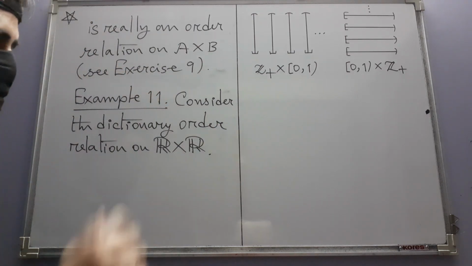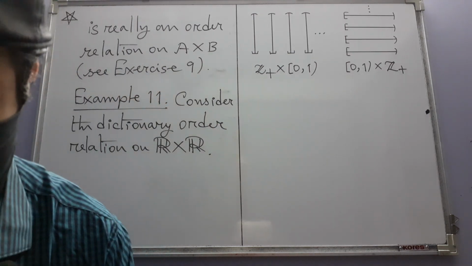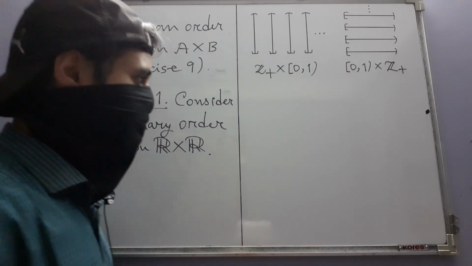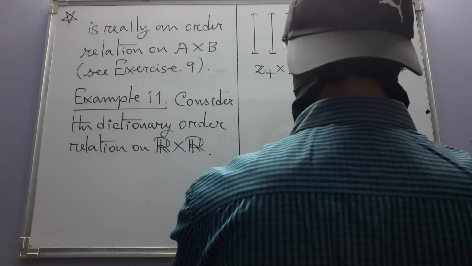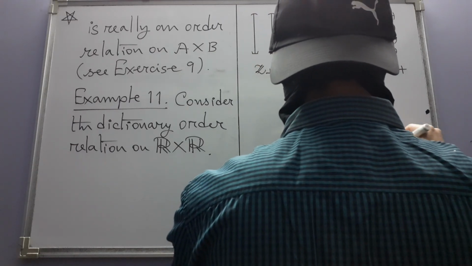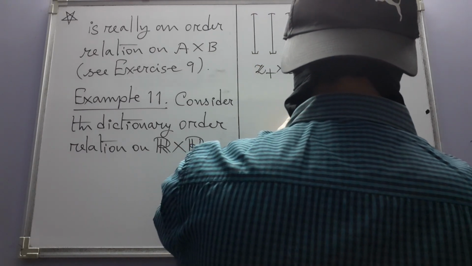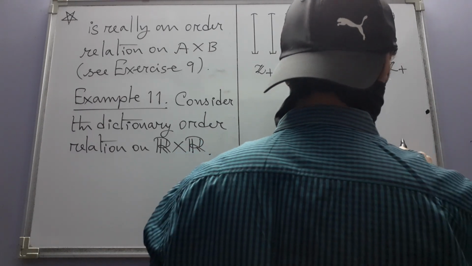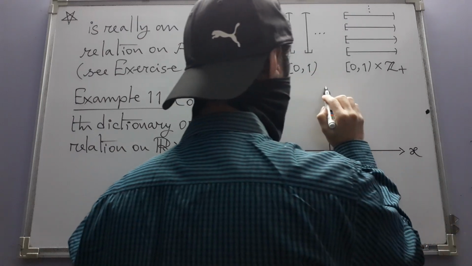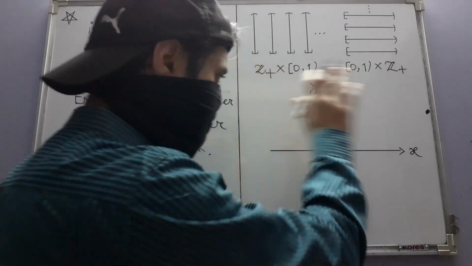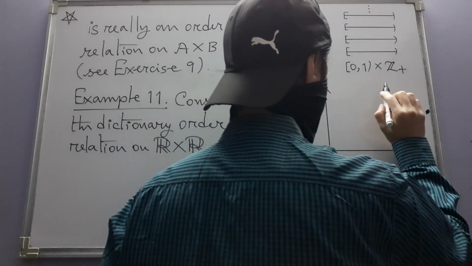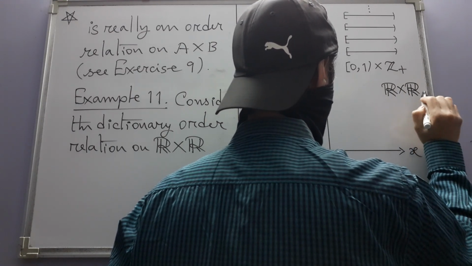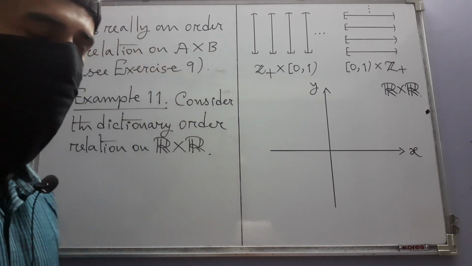Instead of writing sentences, let's just draw a figure. So these are your usual Cartesian axes, rectangular axes. And this in fact is your R times R. See, there are some subtle things which we tend to almost forget.